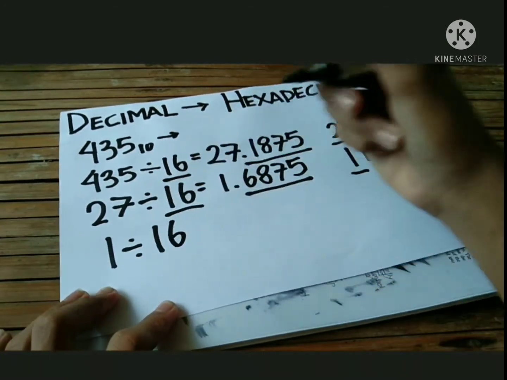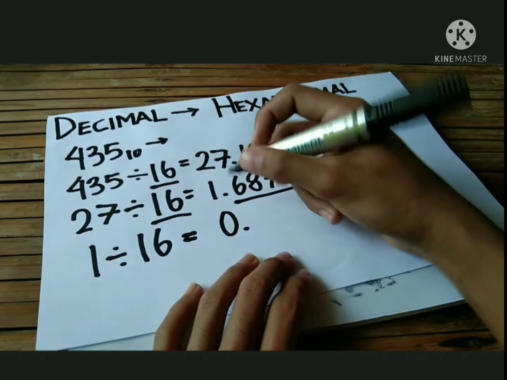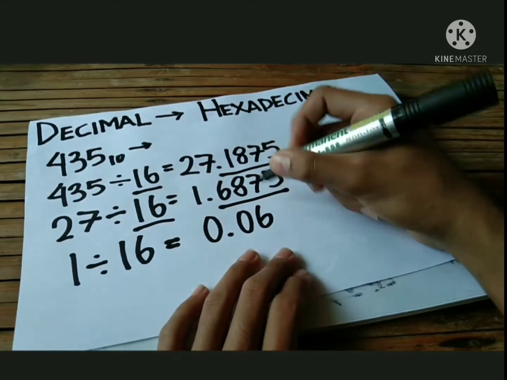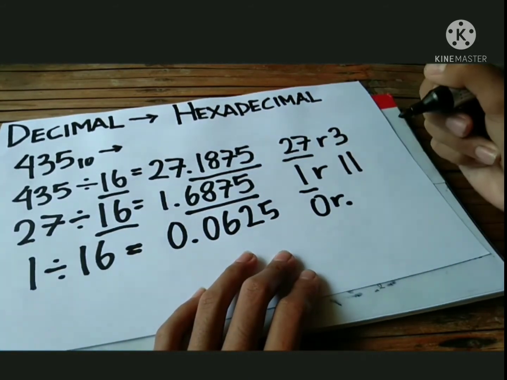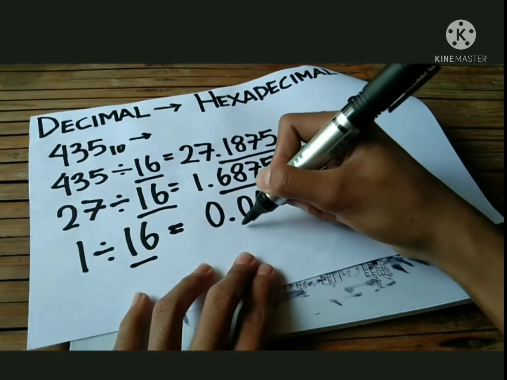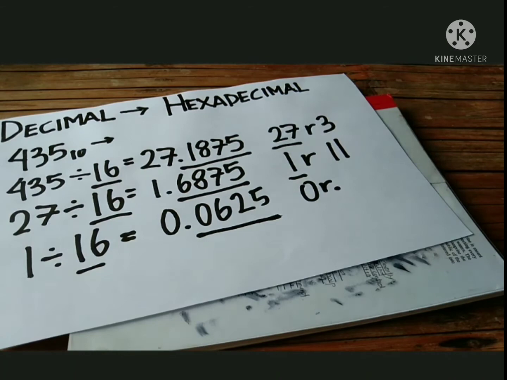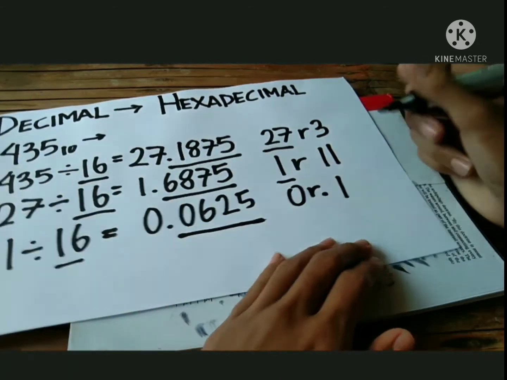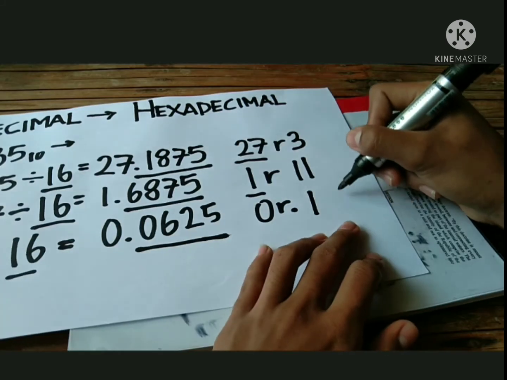1 divided by 16 is 0.0625. So we put 0 here, and for the remainder, 16 times 0.0625 equals 1. So if you can see here, these are the values of the hexadecimal.